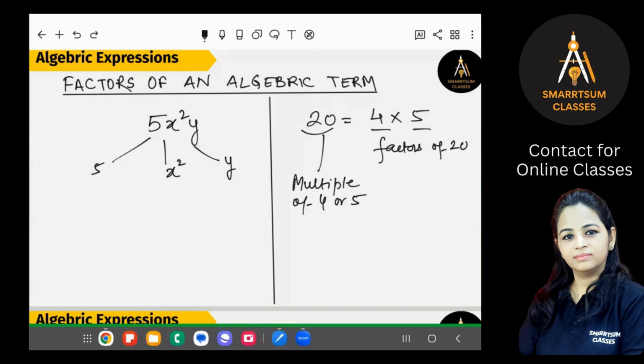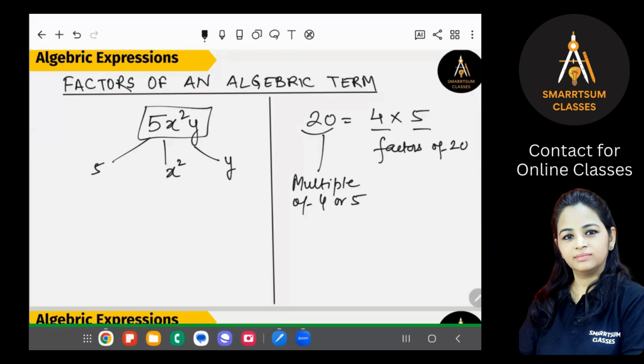Right? Exactly in the same way, when you have an algebraic term, because we don't know the exact value of this algebraic term, since there are some constants and variables also, the different factors which, when multiplied, give us 5x square y are called factors of 5x square y, right? So how are we getting 5x square y?